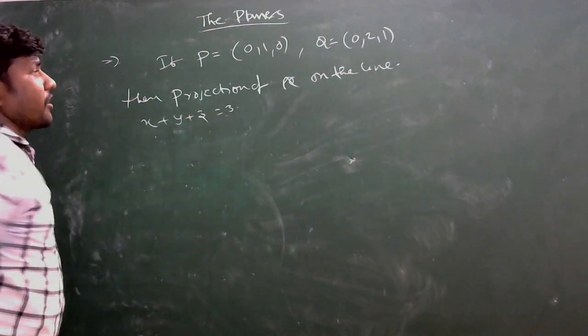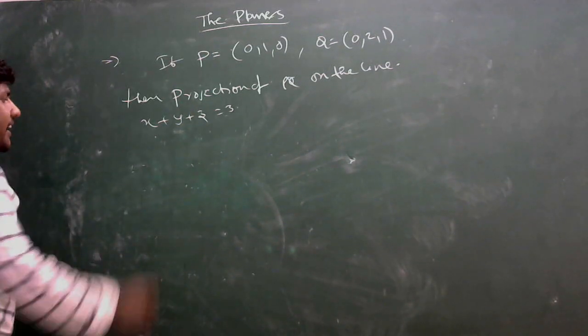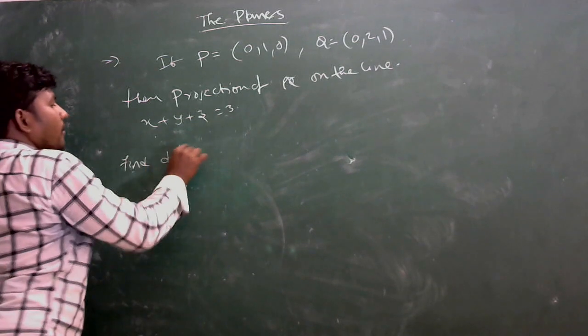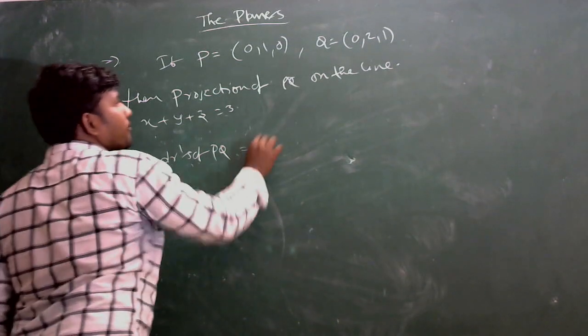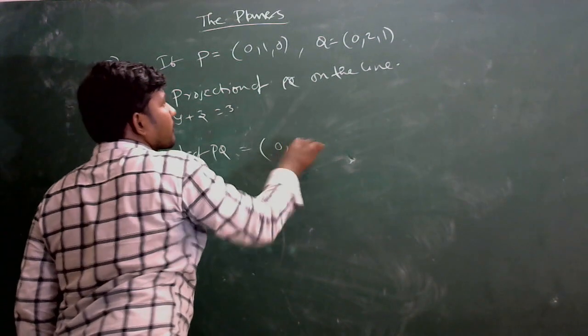To find the projection of PQ on the line, first of all, find the DRs of PQ. DRs of PQ equal to 0, 1, 1.